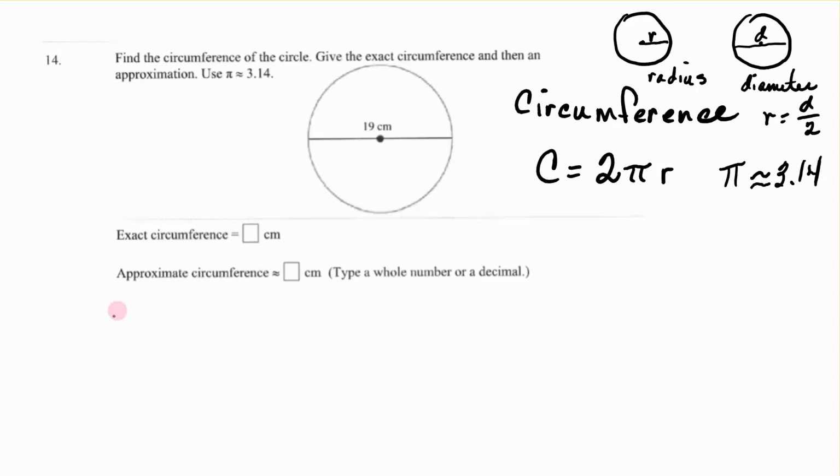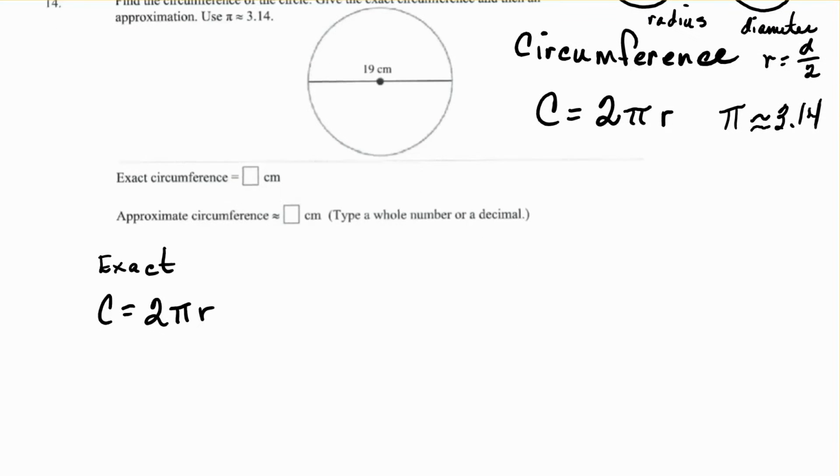All right, let's talk about exact. Exact means that you're not going to do any rounding. You're not going to use 3.14. So let me show you. In this one, find the exact circumference. Formula, C is equal to 2 times pi times the radius. Circumference is 2, just leave the pi.